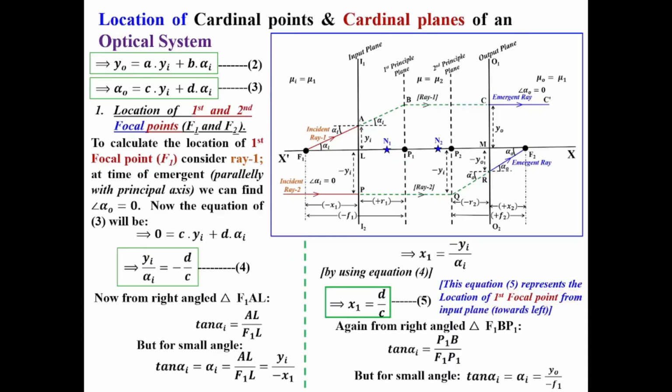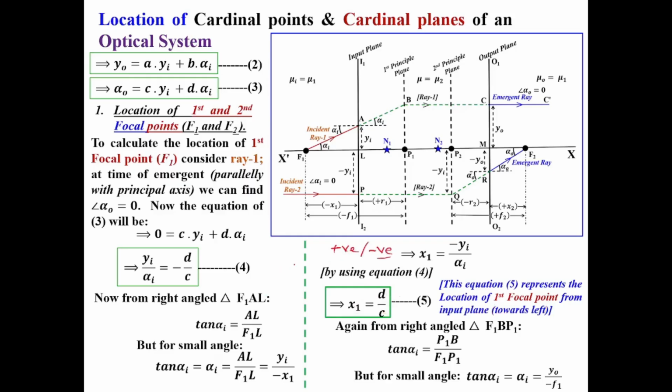Here I have written towards left in bracket. Why I have written it in the bracket? Here I am explaining carefully, you just watch. This is the most important point. This x1, which is represented by equation number 5, depends on d and c values. So if it is so, this x1 value may be positive or may be negative.